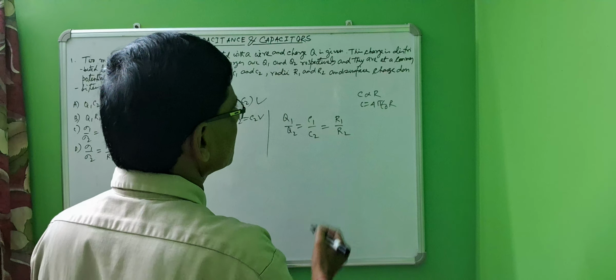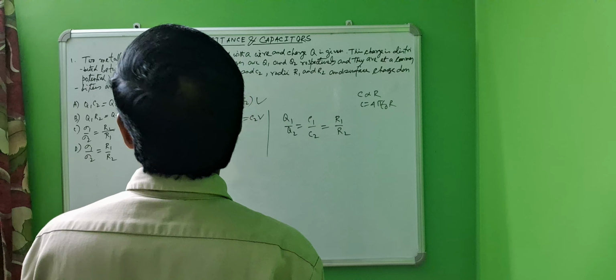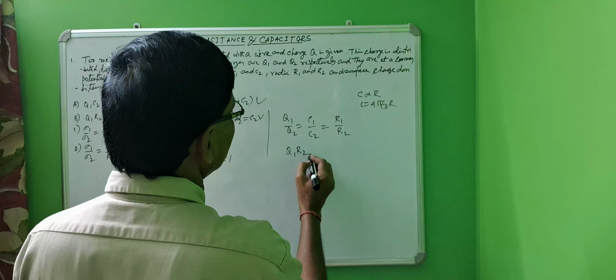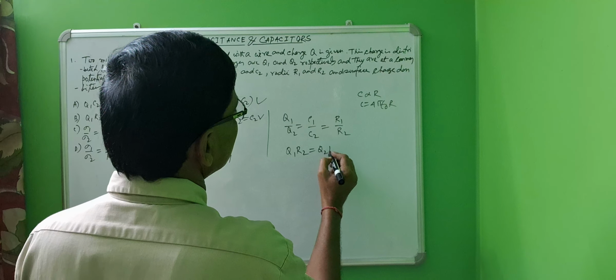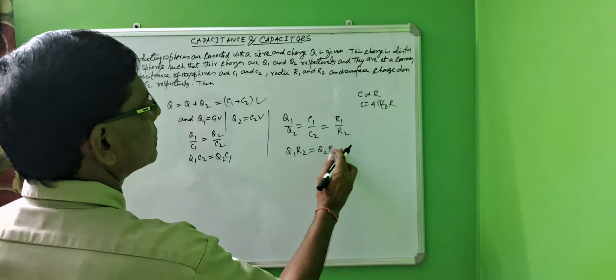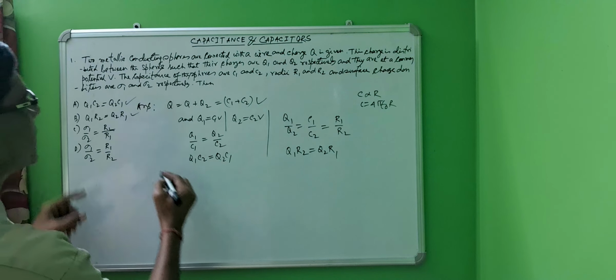So we can write Q1 R2 equals Q2 R1 from these two. So B is the correct answer.